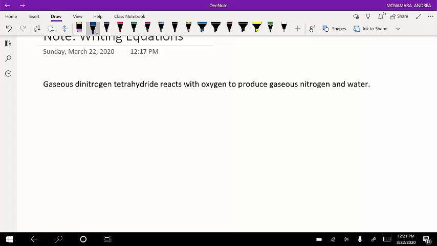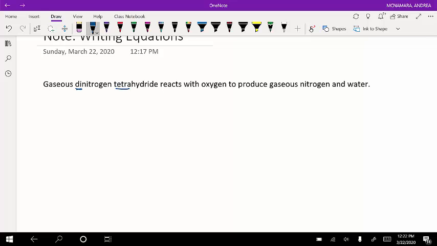Okay, so we have gaseous dinitrogen tetrahydride reacts with oxygen to produce gaseous nitrogen and water. All right. So gaseous dinitrogen tetrahydride, that's a mouthful. Dinitrogen tetrahydride, we've got a lot of prefixes there. So that's telling me right off the bat, this is definitely going to be a molecular compound.